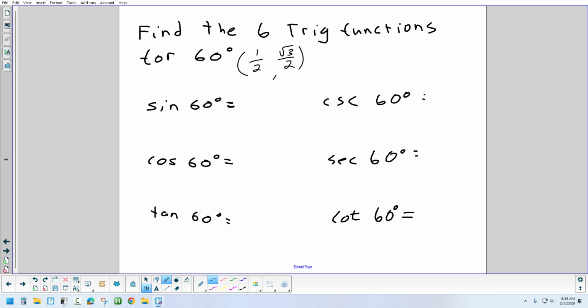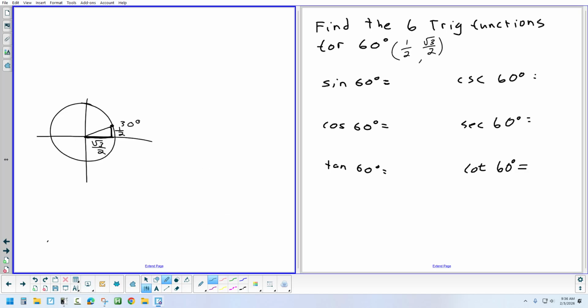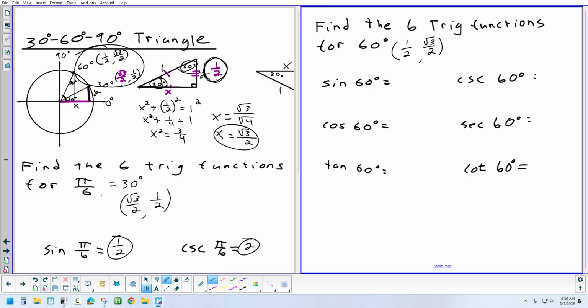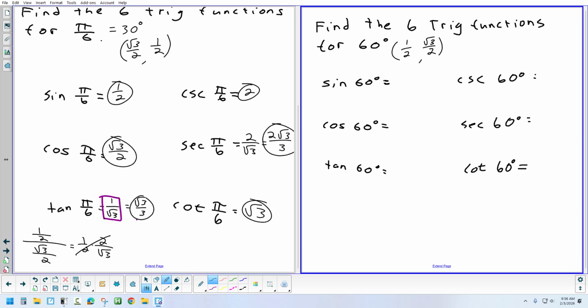And we're going to get very similar answers to what we just got when we did 30, because we're using the same two numbers. They're just switched. So what's the sine going to be? Square root of 3 over 2. That's going to be root 3 over 2. Ruben, how about the cosine? 1/2. Yep, it's going to be 1/2.